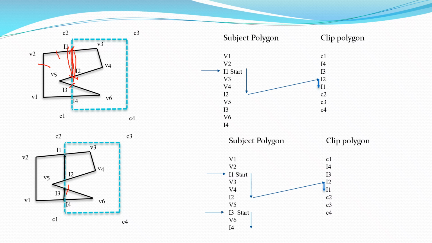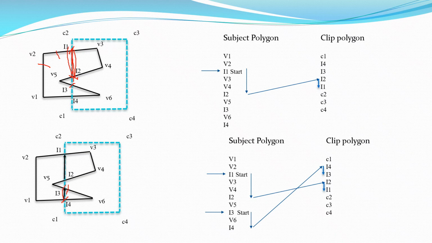V6 and V4. It will end this edge. Okay. Now check in the clipping window. Where is that? I4. Here I4 is there, right? We jump to the clipping window at I4 and move on to I3, right? This is where it closes.